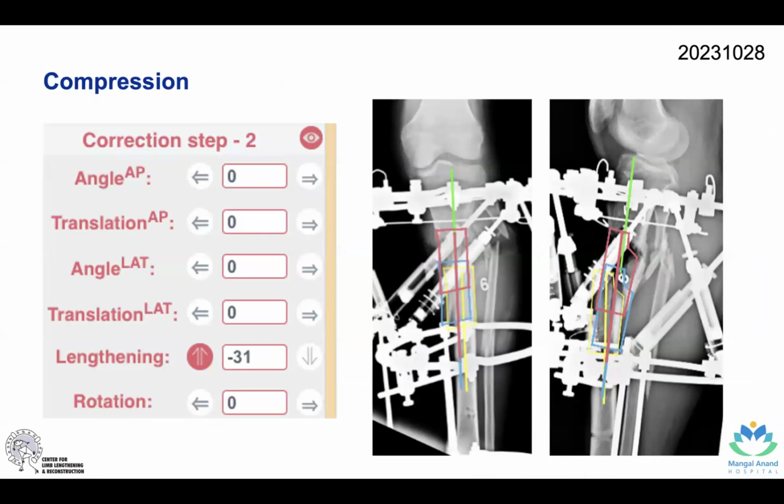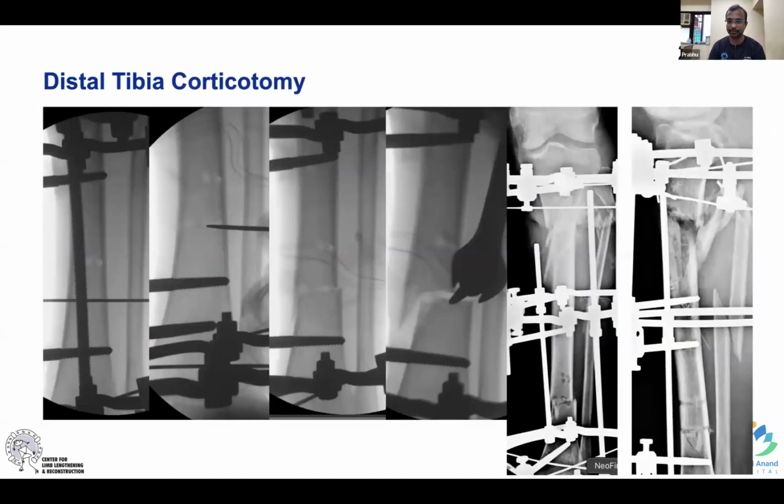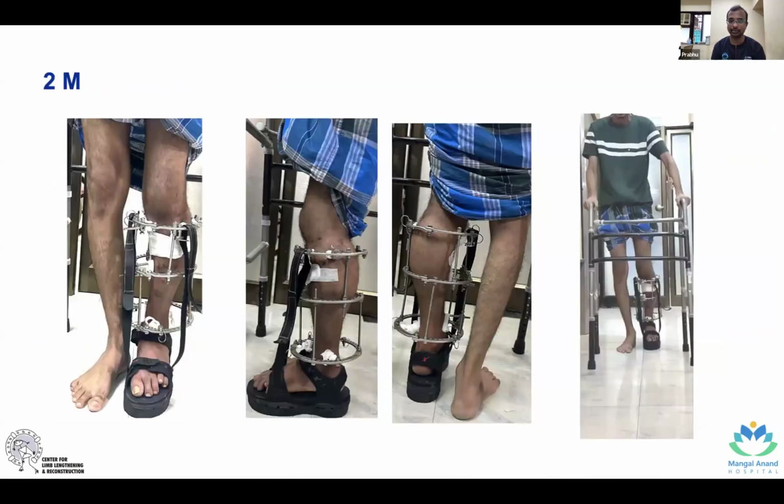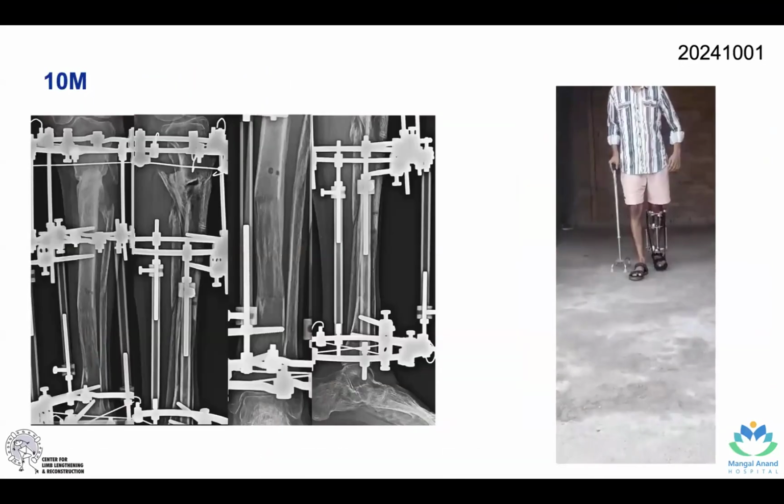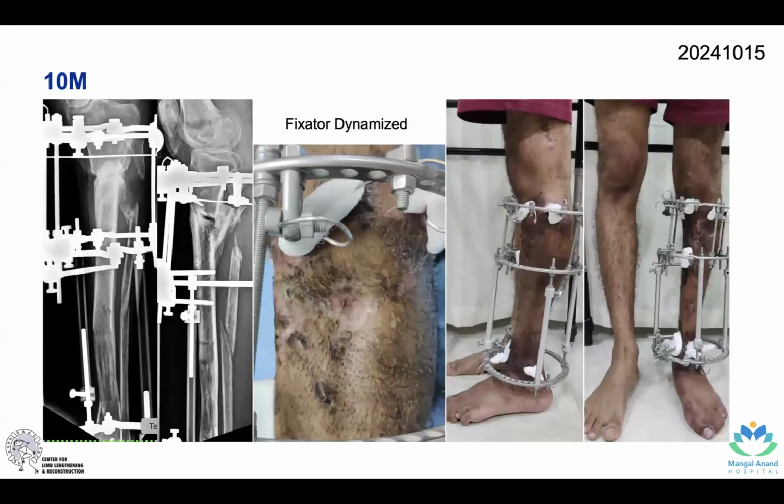Just go to the last X-ray, Prabhu. It allowed us to get this proximal part completely perfectly aligned to the extent that this healed without any bone grafting. So what is your take on that?